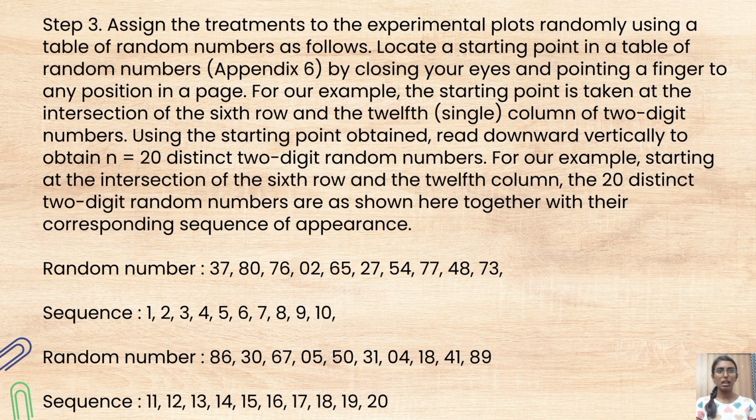Random numbers 37, 80, 76, 2, 65, 27, 54, 77, 48, 73, sequences 1, 2, 3, 4, 5, 6, 7, 8, 9, 10. Random numbers 86, 30, 67, 5, 50, 31, 4, 18, 41, 89, sequences 11, 12, 13, 14, 15, 16, 17, 18, 19, 20.